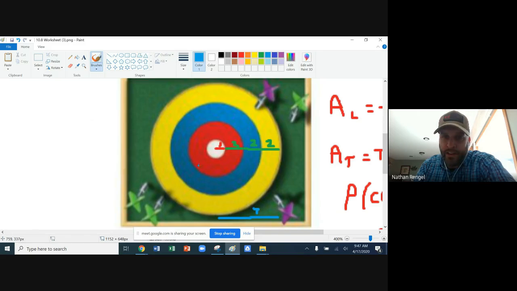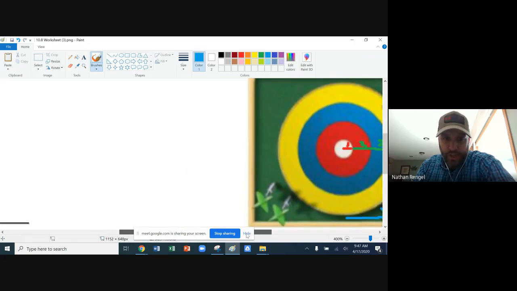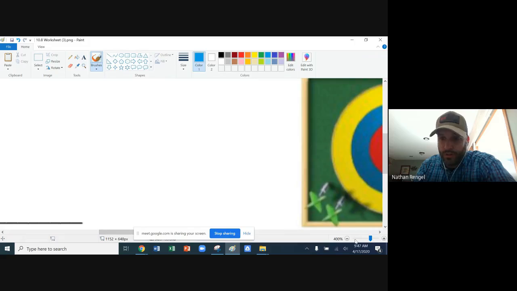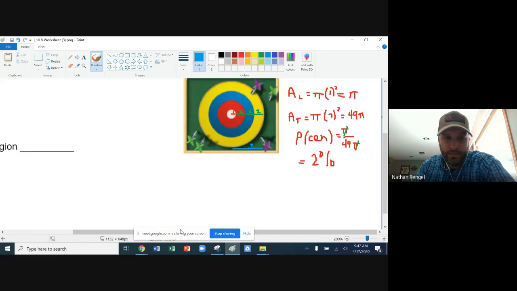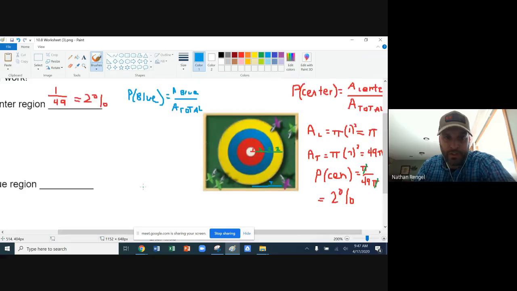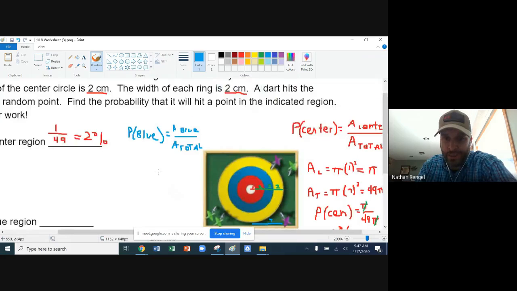So I would find the area of the circle inside, the red and the white included, and subtract that from the area of the circle with the radius of 5. It's using subtraction: find the area of the full circle of that blue ring, then subtract out the area of the red and white circle.